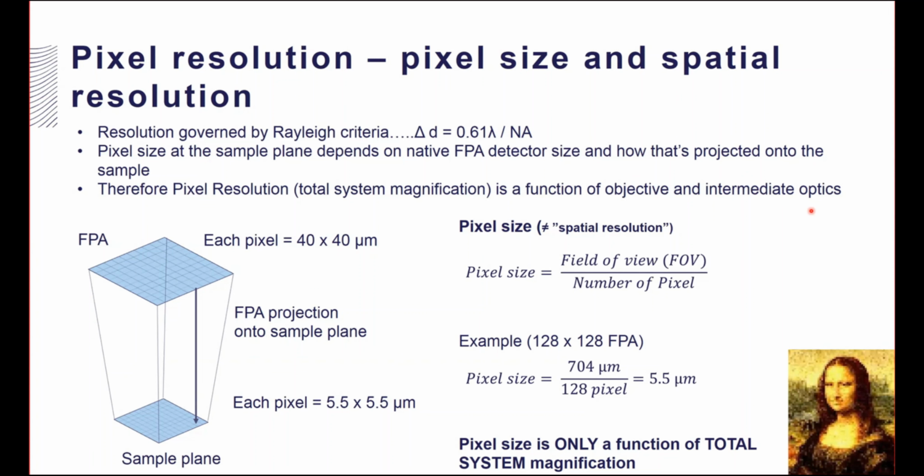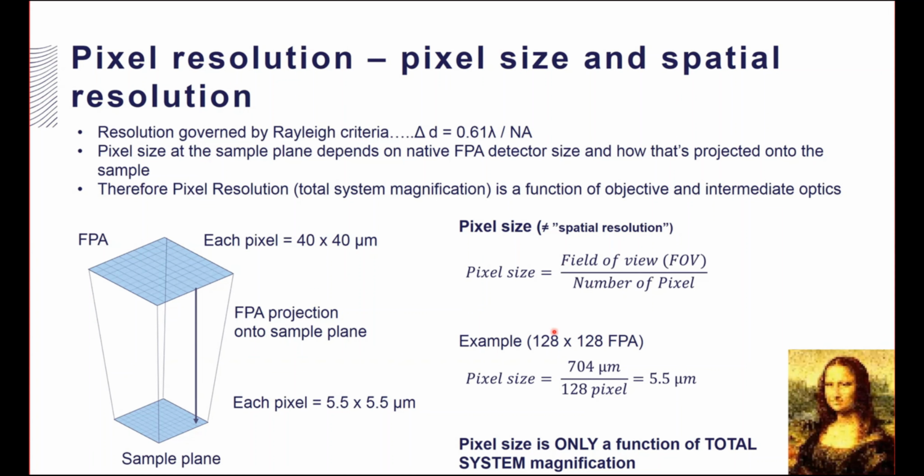If we try to give an example of how to calculate the pixel size in our system, we need the field of view, which is based on our objective, and then we need to know the number of pixels on our detector.